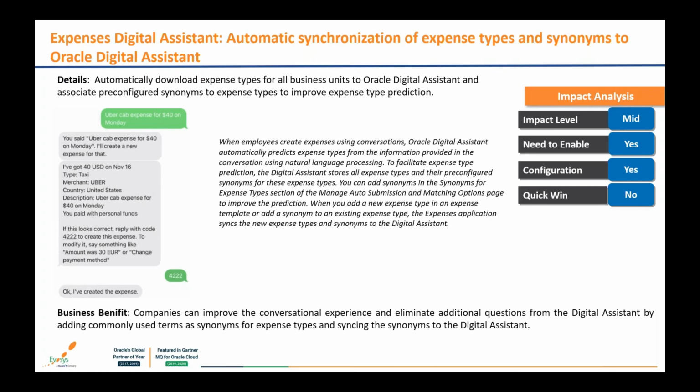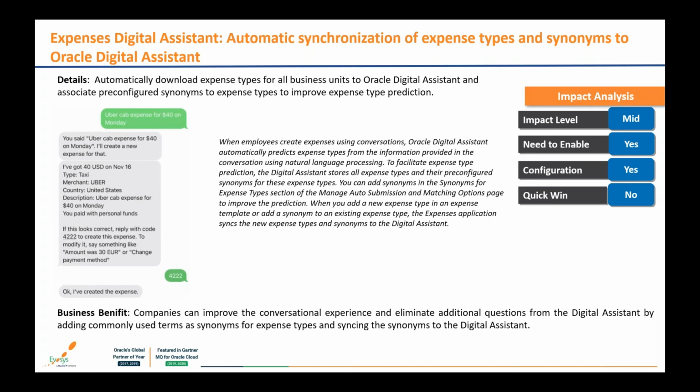For example, I have just mentioned that I booked an Uber and I have a receipt for $40 for an Uber. The system can identify, okay, Uber means taxi fare or cab fare, and will automatically map it to that particular expense type.